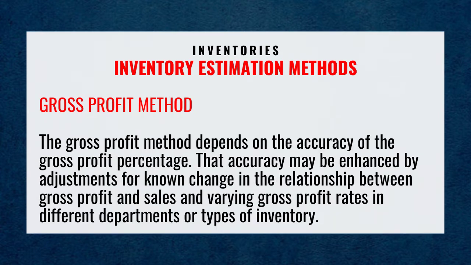The gross profit method depends on the accuracy of the gross profit percentage. The accuracy may be enhanced by adjustments for known changes in the relationship between gross profit and sales, and varying gross profit rates in different departments or types of inventory.